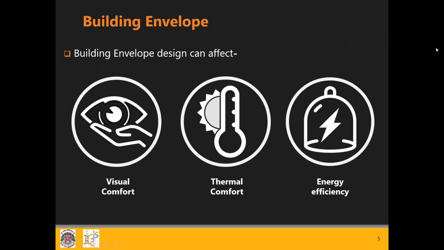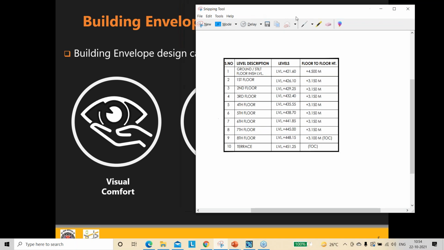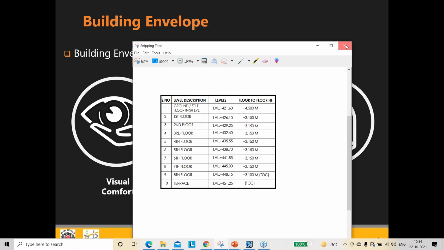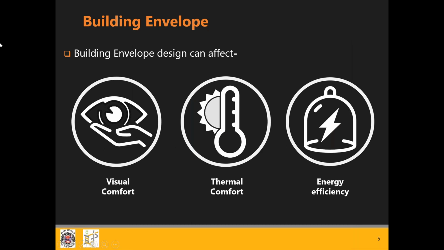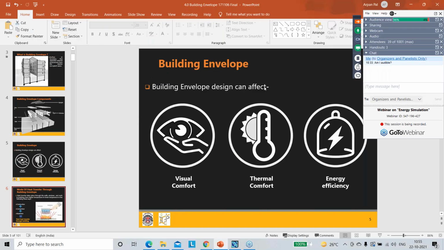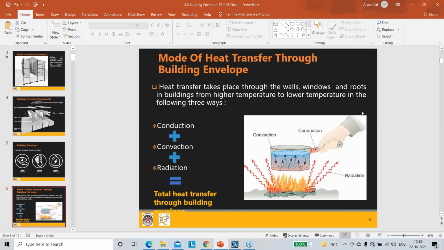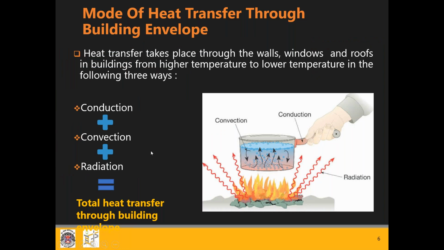In display settings, there is one duplicate slide view. Oops, no, not this. Wait, how do I change this again? Sorry. If I go to slideshow, is this all right?